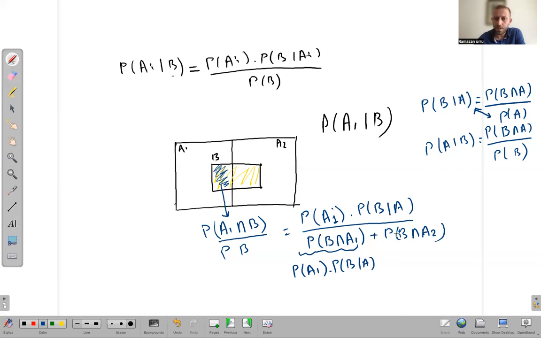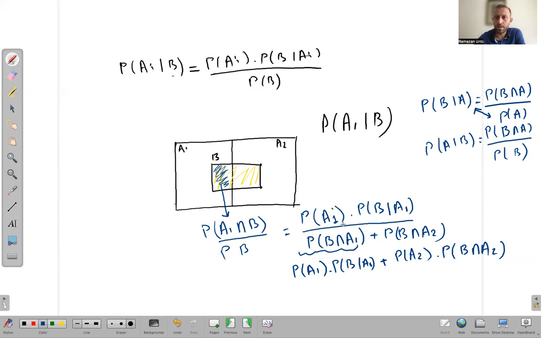And for the second one, it is the probability of A2 times the probability of B given A2.